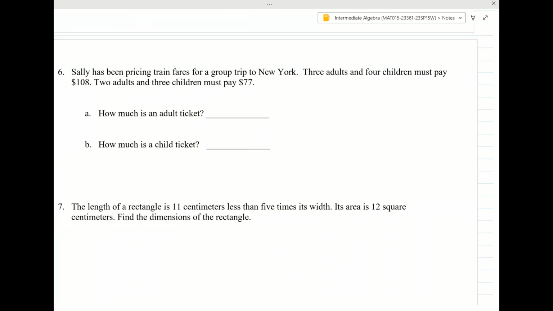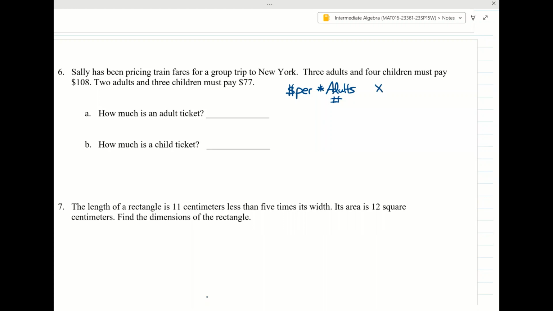So Sally is looking to go on a trip here. 3 adults and 4 children pay 108, 2 adults and 3 children pay 77. So the way that you figure out how much it costs a group to do anything is it's the cost per whatever, cost per adult, times the number of adults. So if it cost $108 for 3 adults and 4 children, we have no idea how much it costs per adult.